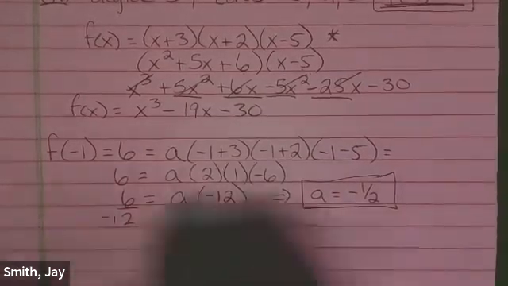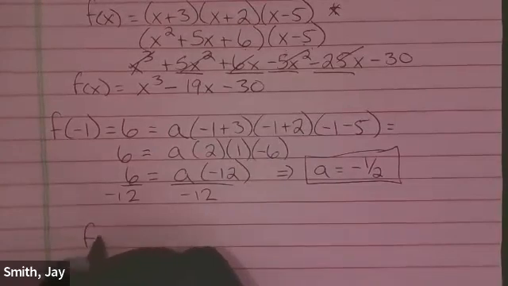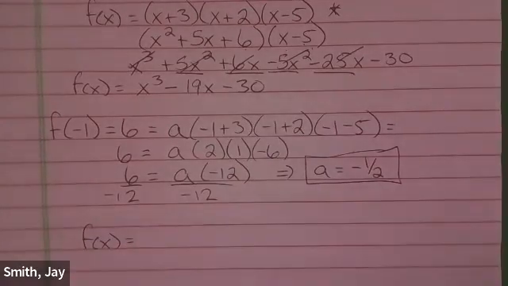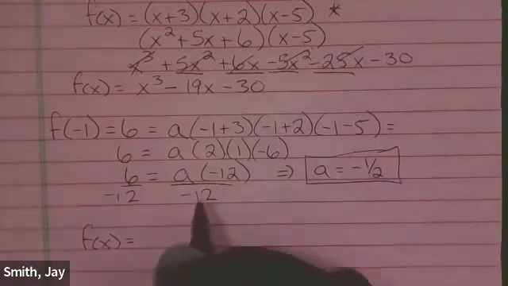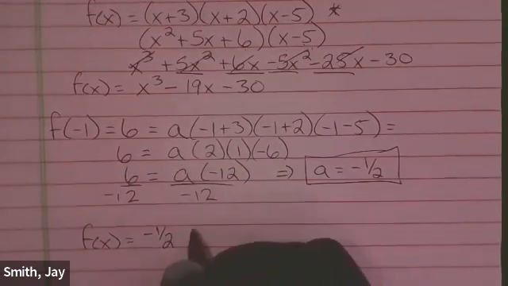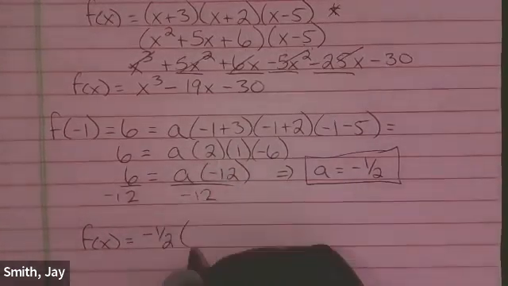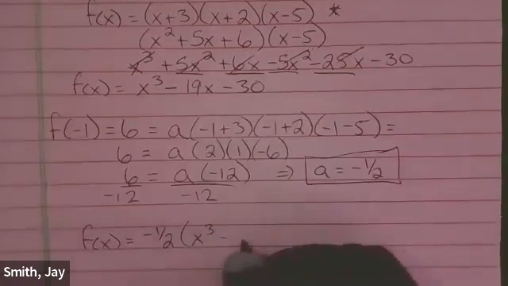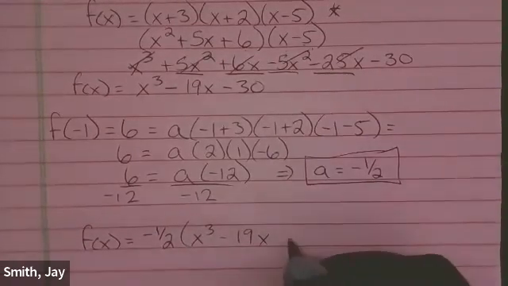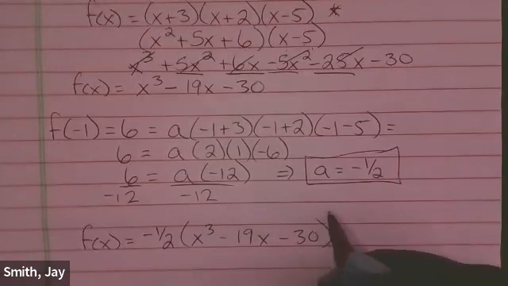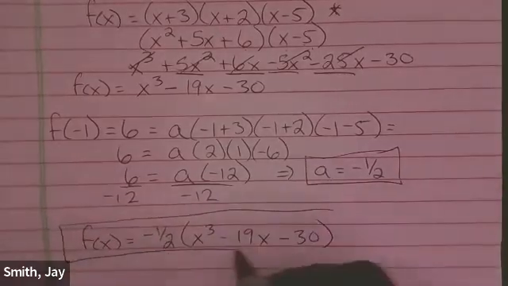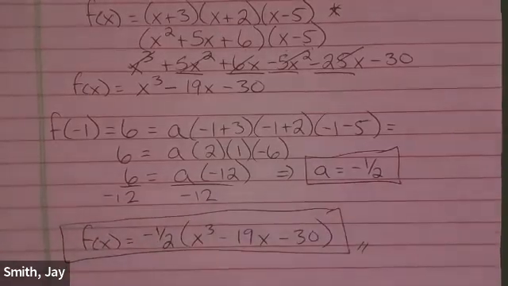All right. So the function that we're looking for, f of x that is degree 3, that satisfies all those given conditions, will be negative 1/2, that a, or a factor, being multiplied by x cubed minus 19x minus 30. And that would be our final answer.